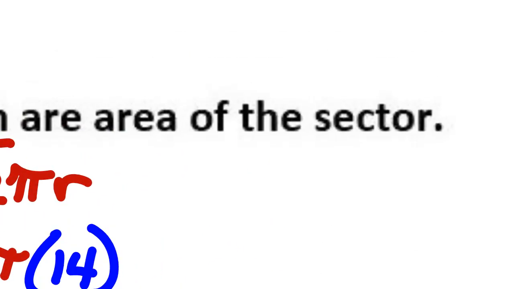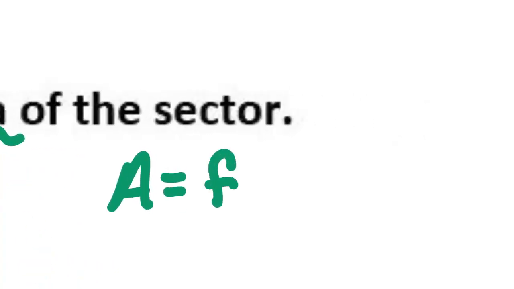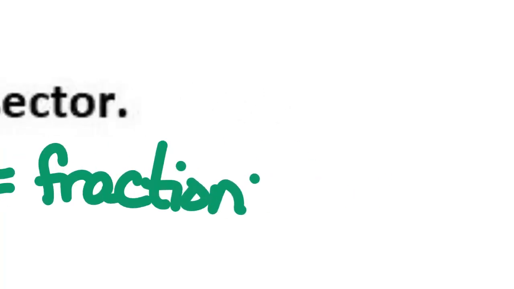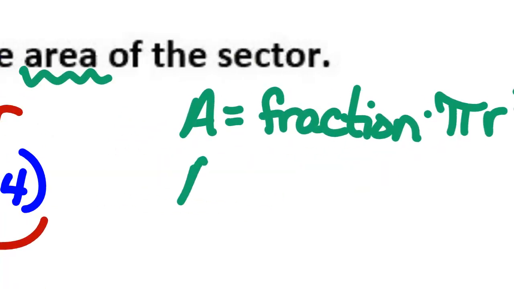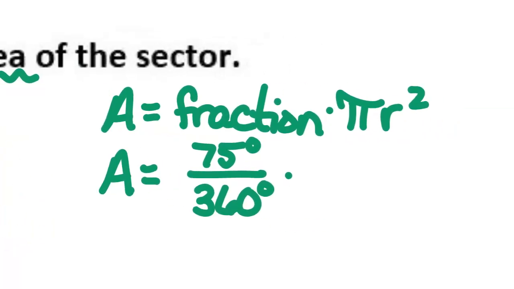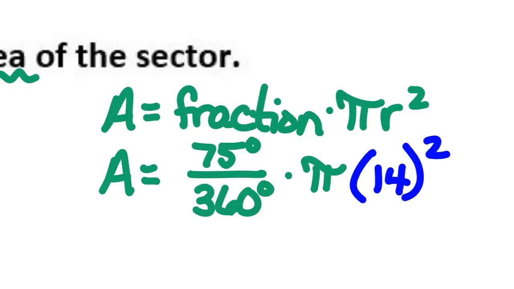And then area for a sector, we still want the fraction of the circle that we're looking at. But now we're talking area, so now it's pi r squared. The fraction of the circle that we're looking at did not change. We're still looking at 75 degrees out of 360 degrees times pi times our radius of 14 squared.